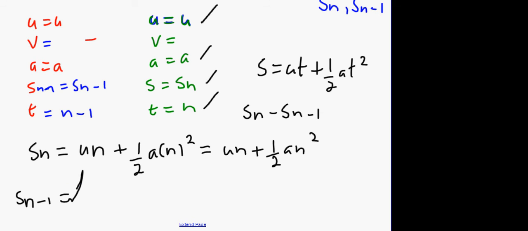We know the time is n minus 1. So S of n minus 1 is u into n minus 1 plus a half into a, and then n minus 1 squared.